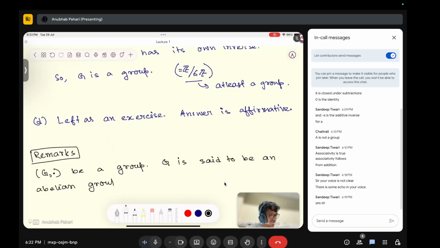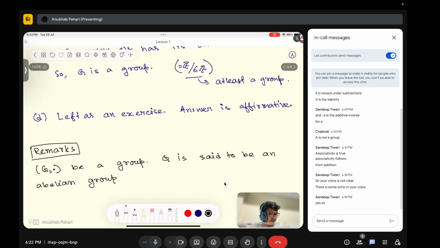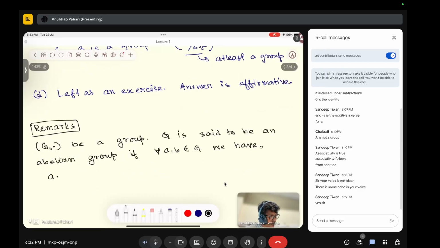So this abelian name comes from a great mathematician named Abel. If for all a, b belongs to G, we have a dot b equals b dot a.